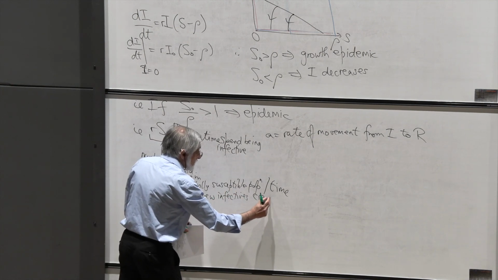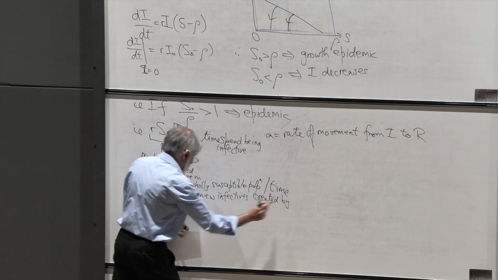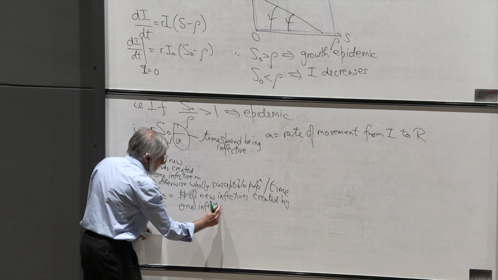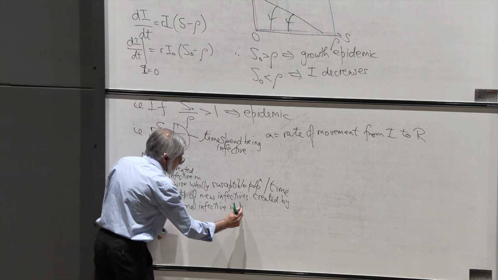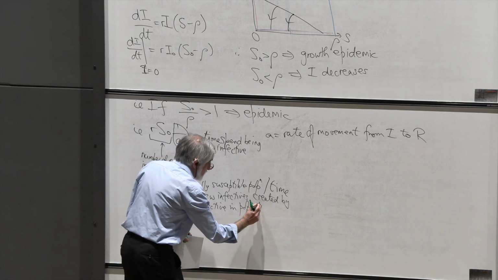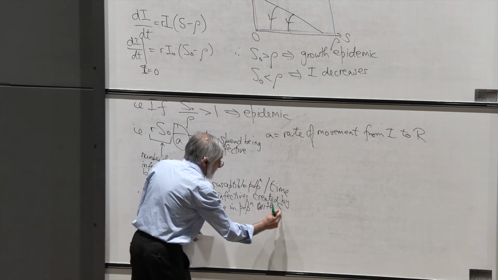the number of new infecteds created by one infective in a population of size with S0 susceptibles.